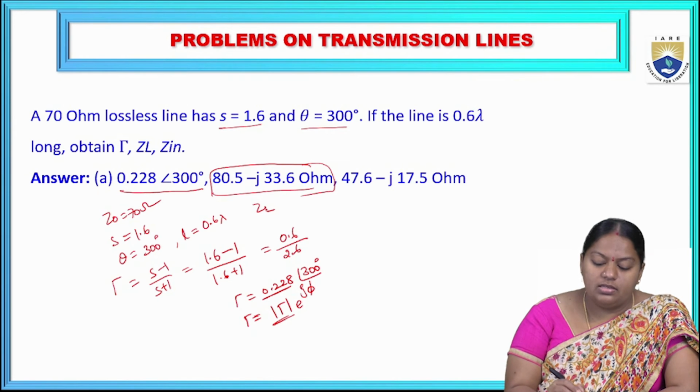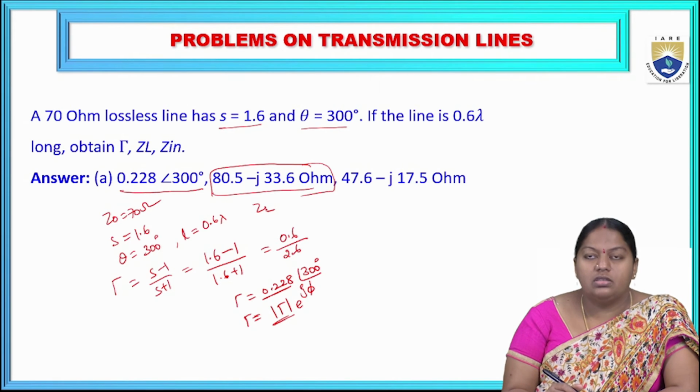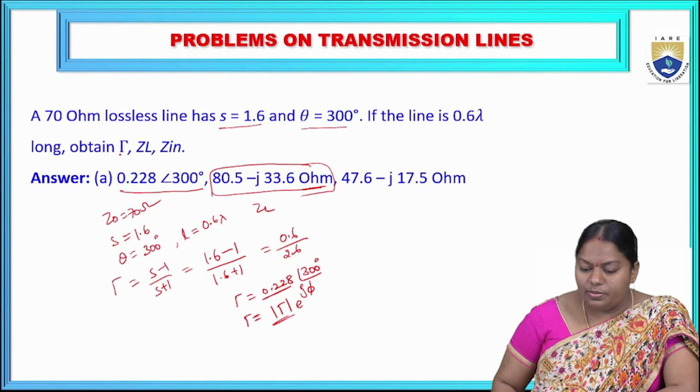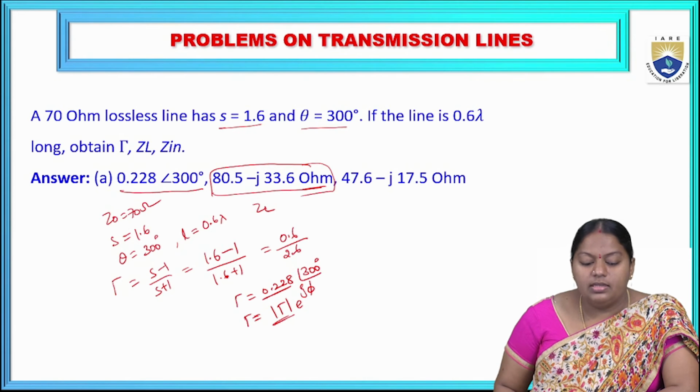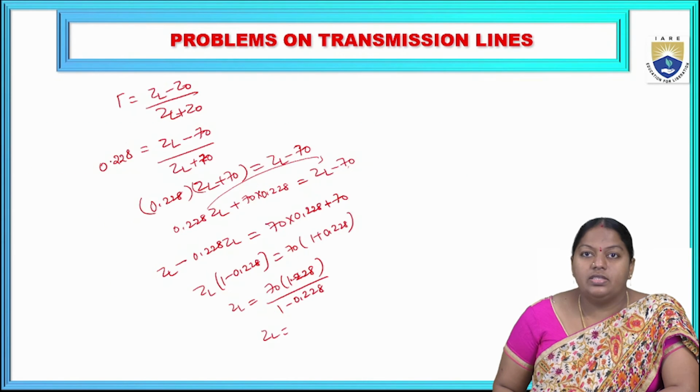And generally it is an impedance and it is measured in ohms only. So this is the way the load impedance is evaluated with the help of gamma, that is, the reflection coefficient. Similarly, the last parameter we are going to evaluate is Zin. After obtaining this ZL value and using Z0, we can find Zin.